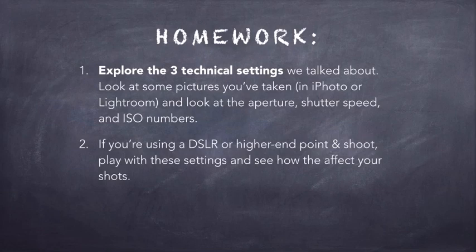In your homework for this lesson, I'd like you to explore those 3 technical settings that we talked about. Surely by now you've taken several food photography pictures, and I'm sure you have plenty of other pictures that you've taken with whatever camera you're using. And in iPhoto or Lightroom, you can get a readout of what settings were used to take each picture.